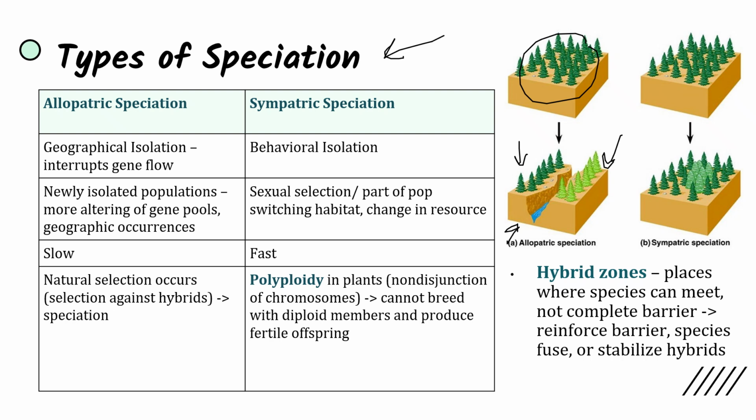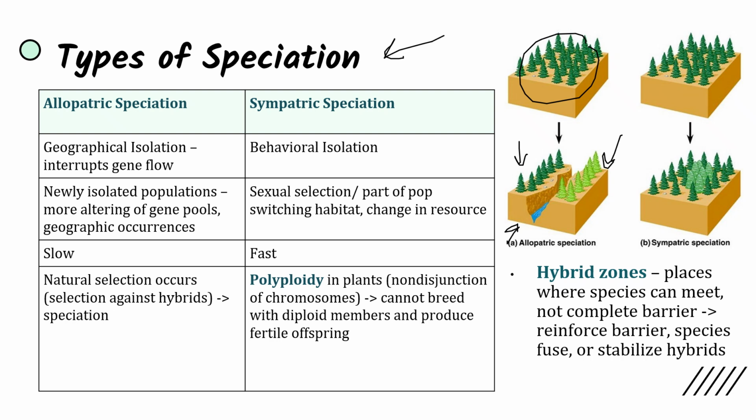So if behaviors change so that within the populations there can no longer be finding a mate, that means there's going to be no reproduction happening, and we're going to see speciation. If resources change, that's going to cause behavioral changes in organisms trying to get those resources, and that behavioral isolation could also contribute to sympatric speciation, and this generally happens a lot faster.